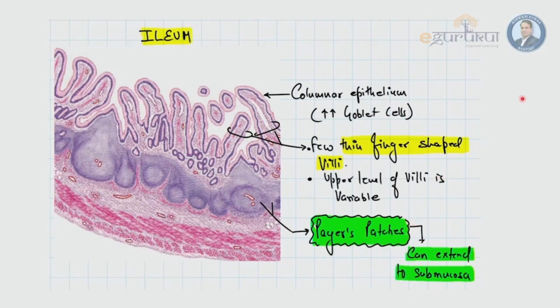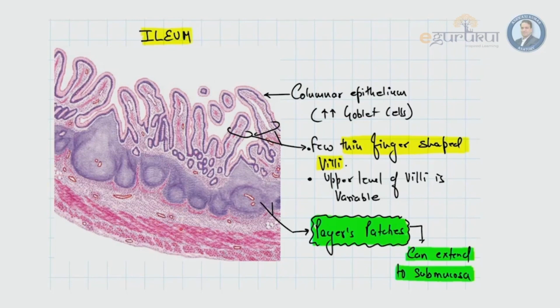That is a very, very important feature of the slide of the ileum, that we have loads and loads of gut-associated lymphoid tissue, and these Peyer's patches are so extensive that they are distorting the muscularis mucosa and even extending into the submucosa part. You can see them extending into the submucosa.